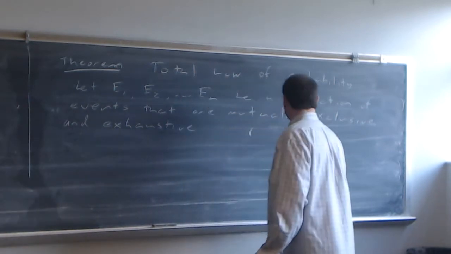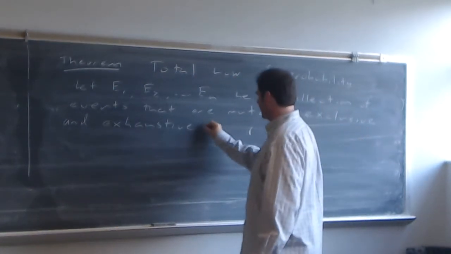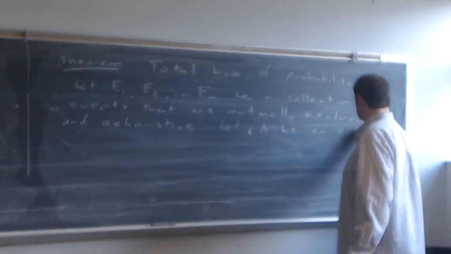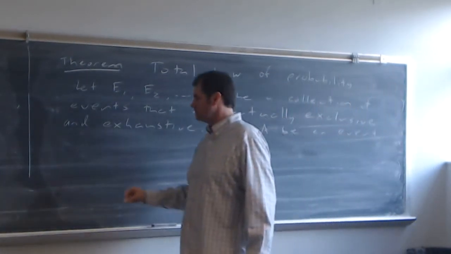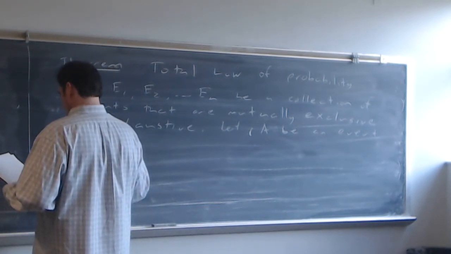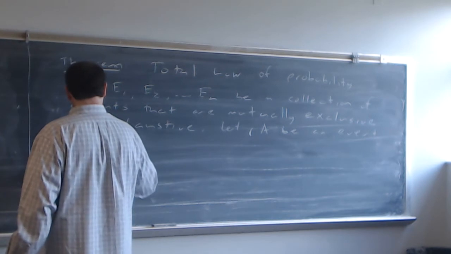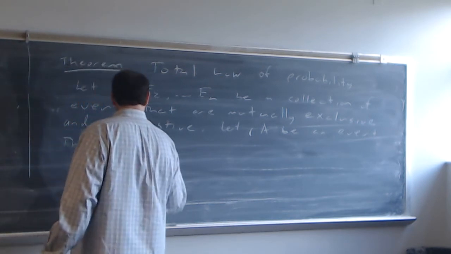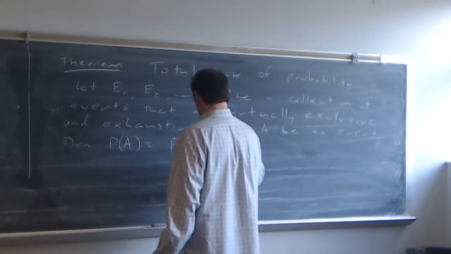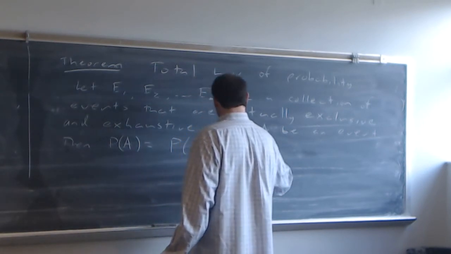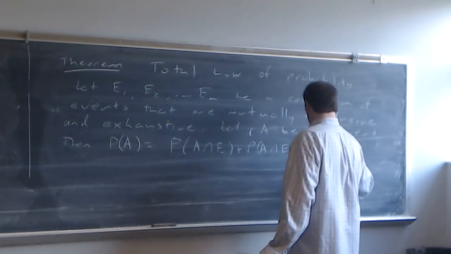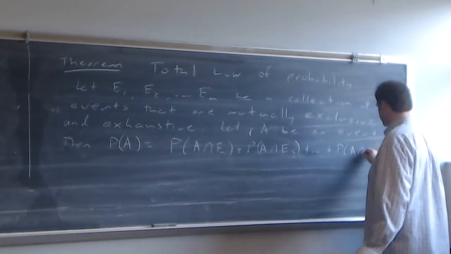Let A be an event. Then the probability of A is equal to the probability of A intersect E1 plus the probability of A intersect E2 plus the probability of A intersect En.